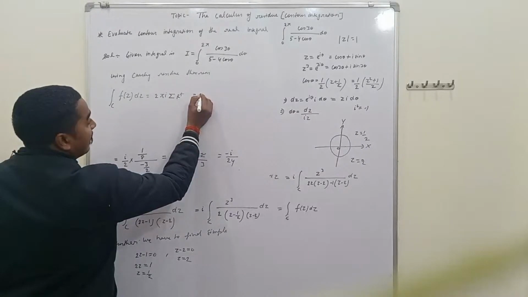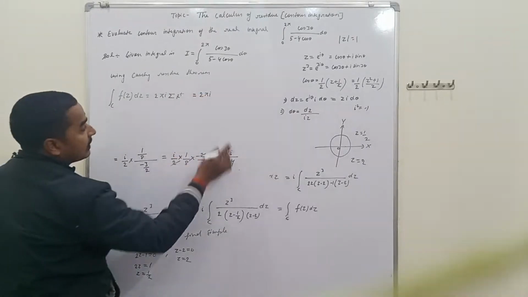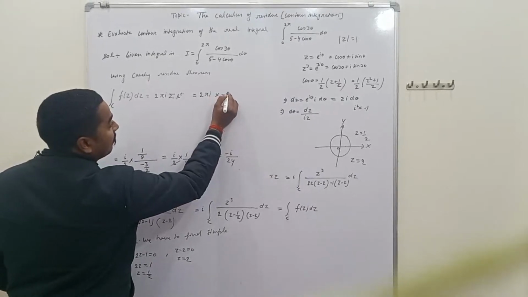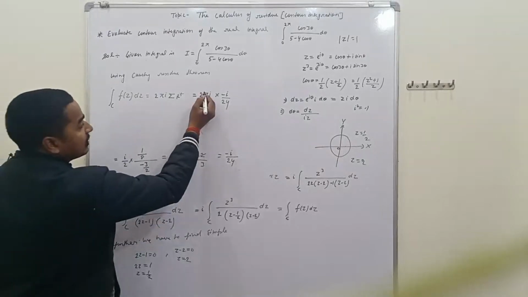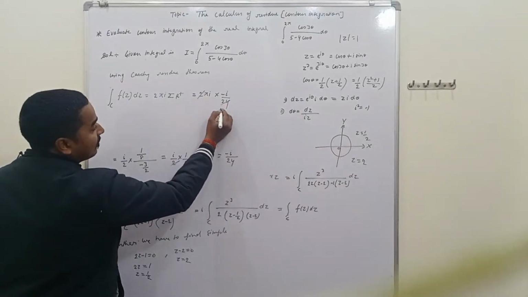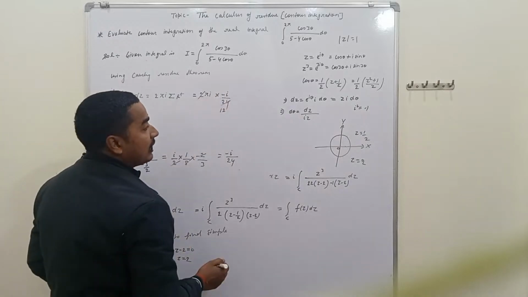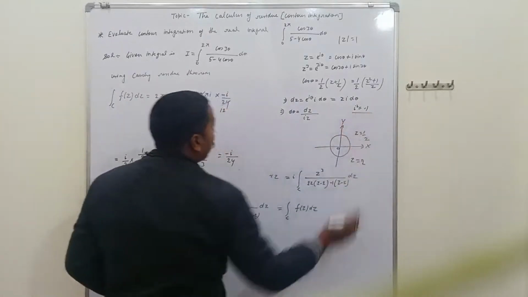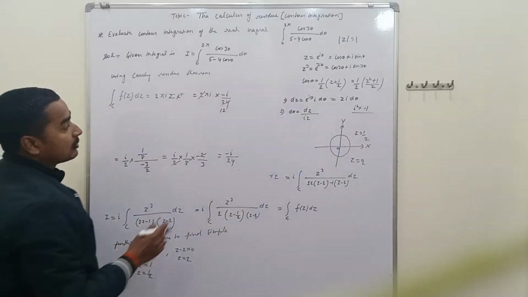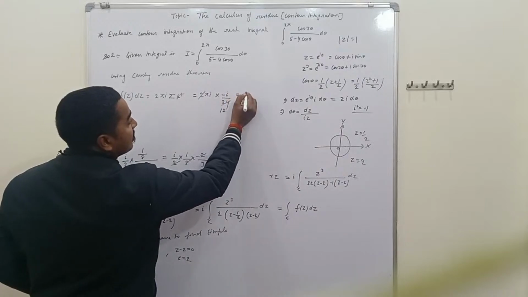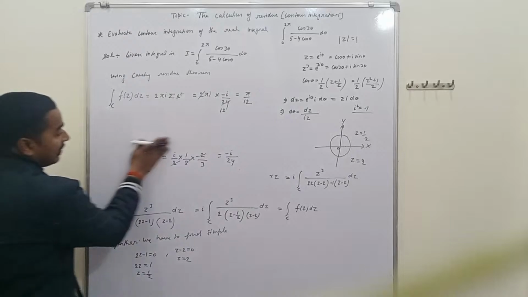Here we have 2 pi i, and the residue we calculated is minus i upon 24. From here, 2 twelves are 24, and i into i is i square, which is minus 1, and minus of minus is plus, so it is pi upon 12.